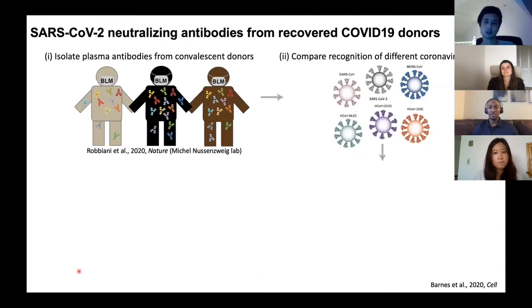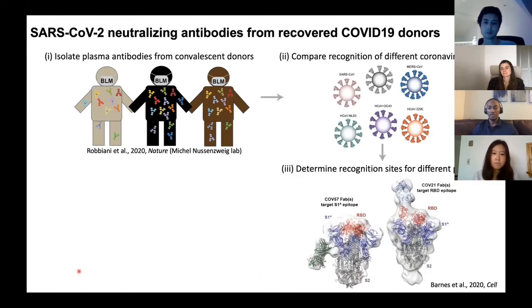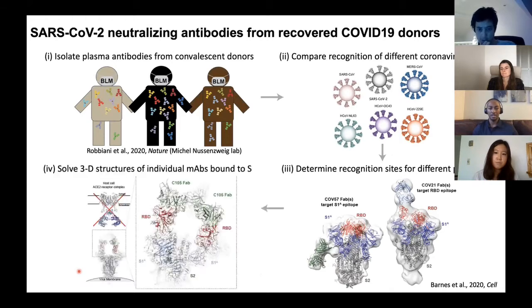Then we did binding assays against not only SARS-CoV-2, but other coronaviruses, to see if there is cross-reactivity after SARS-CoV-2 infection with other coronaviruses. We used this polyclonal EM mapping technique to map what is happening within these people's plasma and see which epitopes are being targeted by the antibodies, and then used high resolution structural information to understand the mechanism by which these antibodies are blocking or neutralizing the virus.